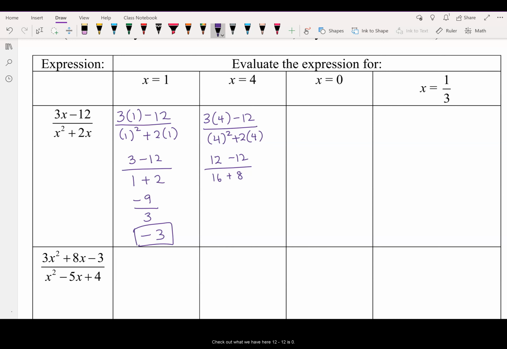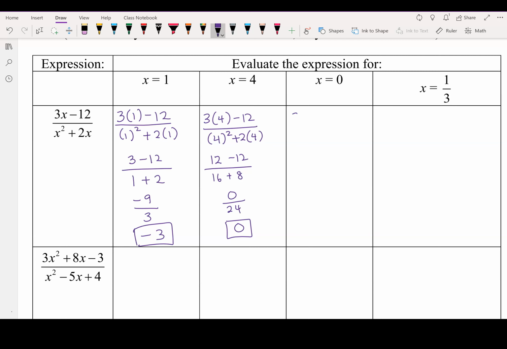And then check out what we have here. 12 minus 12 is 0. 16 plus 8 is 24. But 0 divided by 24, 0 on the top is okay. We can think about this as if I have 0 apples and I want to divide them into 24 groups, how many apples per group? There are 0 apples per group.